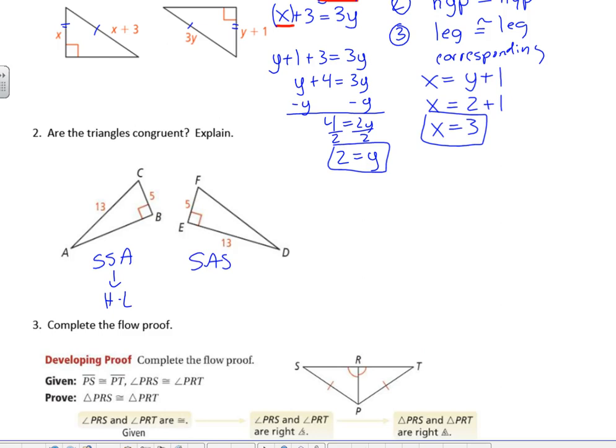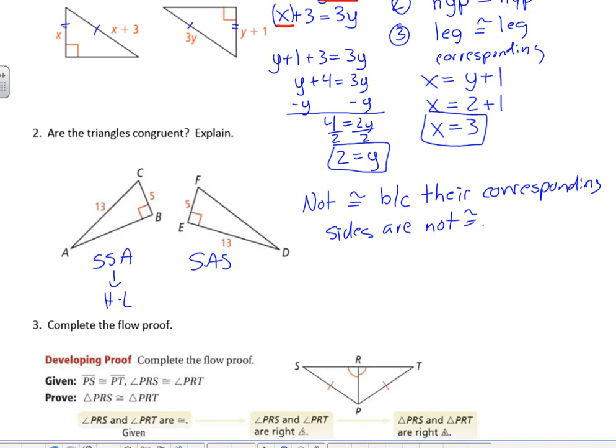So those are not the corresponding parts, their hypotenuses are not the same, so therefore they are not congruent because their corresponding sides are not congruent. Okay, different combinations.